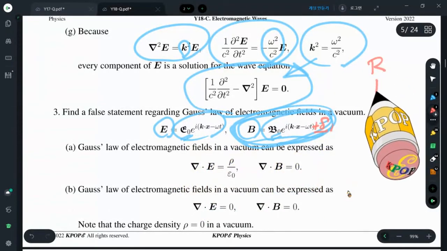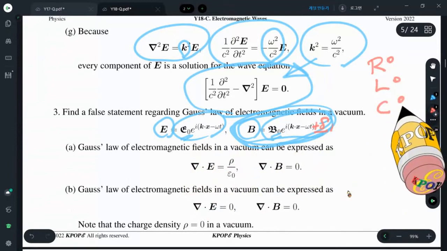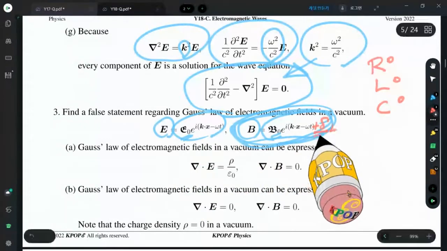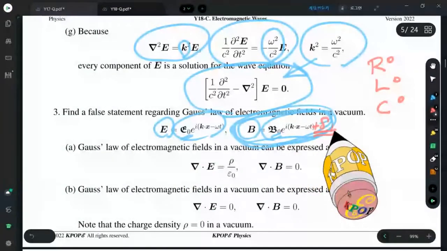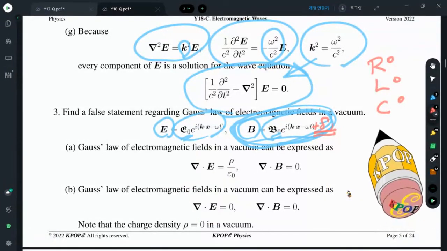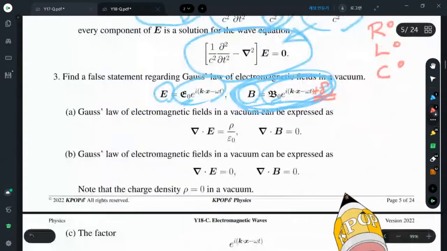We remember R, L, C, they have a phase difference. Just like that, we have to worry about the existence of a non-vanishing phase difference between the electric field and magnetic field. But Maxwell's equations tell us everything.